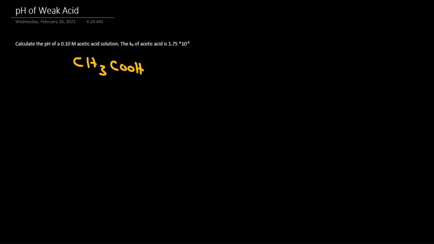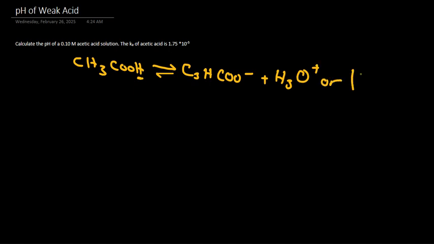This acid is in equilibrium, so it dissociates to CH3COO minus, and the extra H goes to water, so you get H3O plus, or you can write it as H plus, which is the hydronium ion.